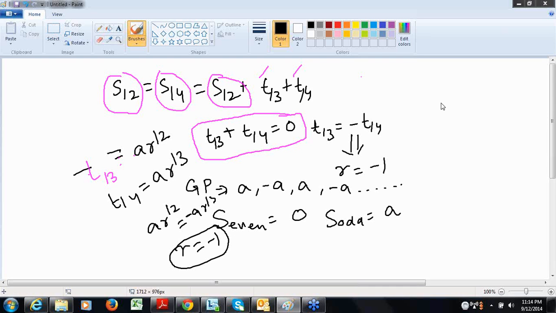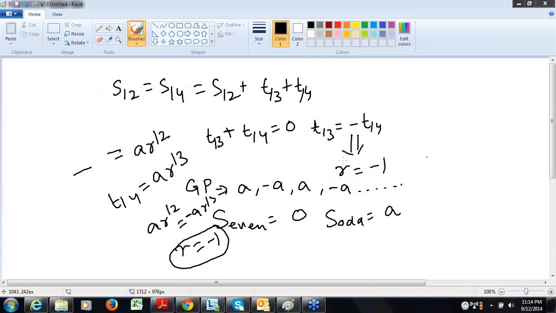Now R becomes minus 1. Then what happens? If R becomes minus 1, then the GP will become something like this: A, minus A, A, and so on. So the sum of even terms will be 0, and the sum of odd terms will be A. Okay.